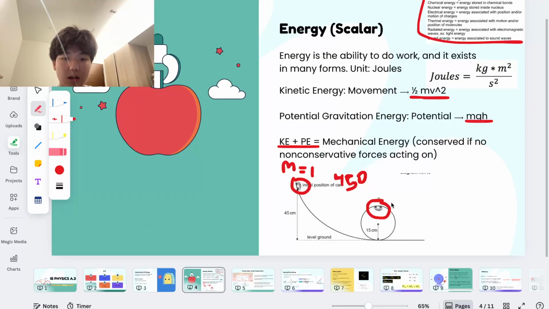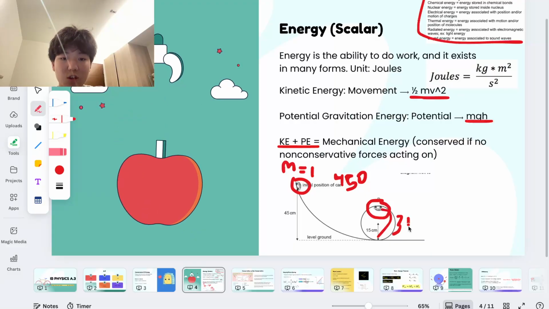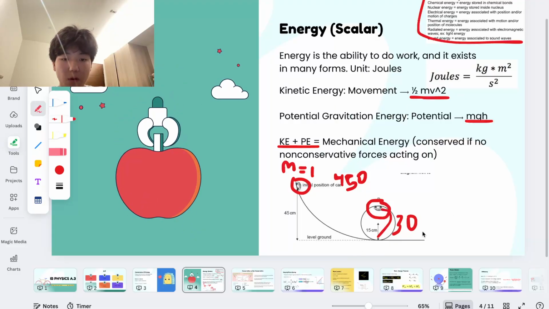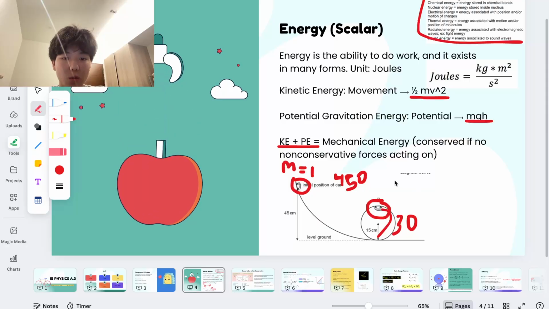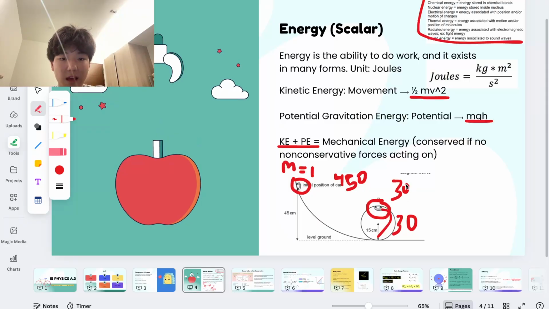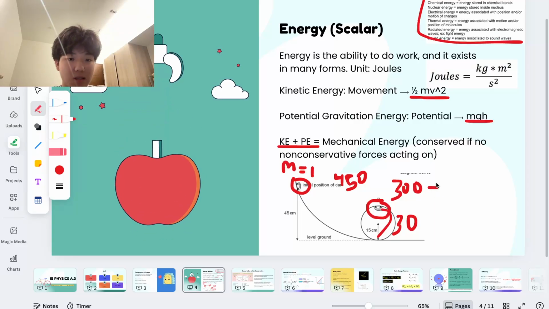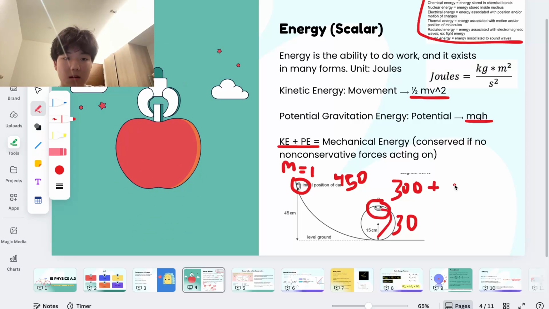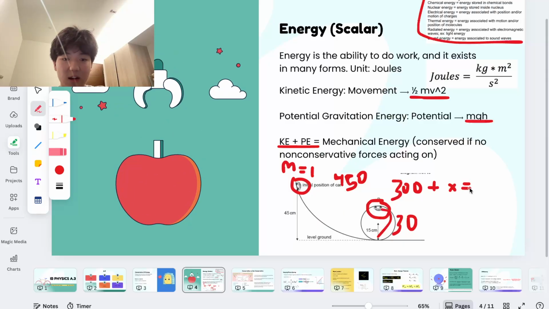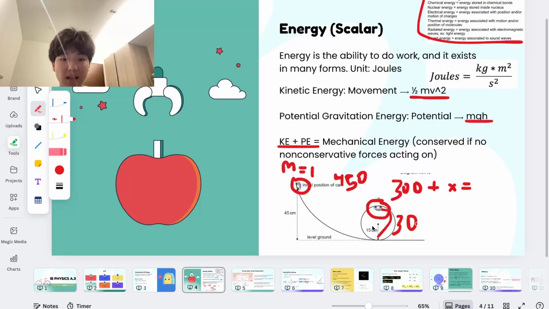And at point P, it's 30 meters above the ground. So we can find our mgh first. 10 times 30 is 300, and again, mass is 1, plus x, which is kinetic energy at this point. So 300 is the potential energy at this point, plus x is the kinetic energy.